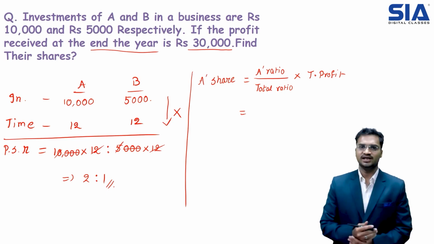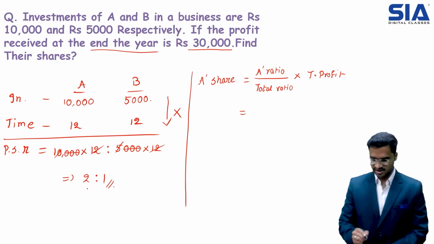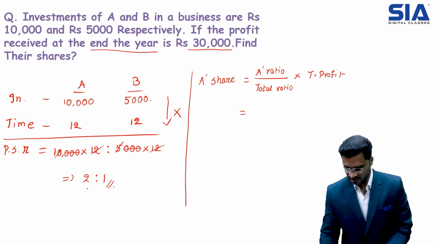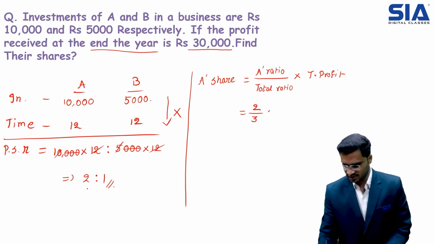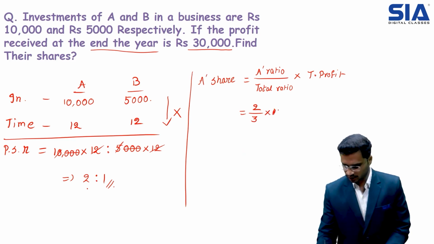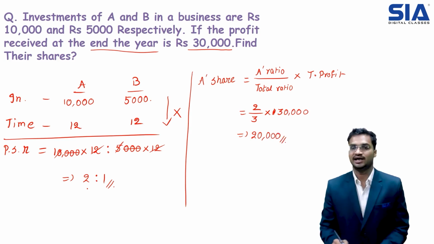Here A is getting 2 ratios and the total ratio is 2 plus 1, which is 3. So 2 by 3 multiplied by total profit, which is 30,000. After solving this, I get the profit of A as 20,000.